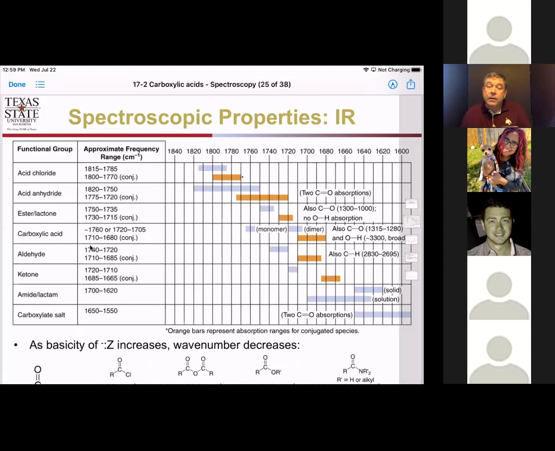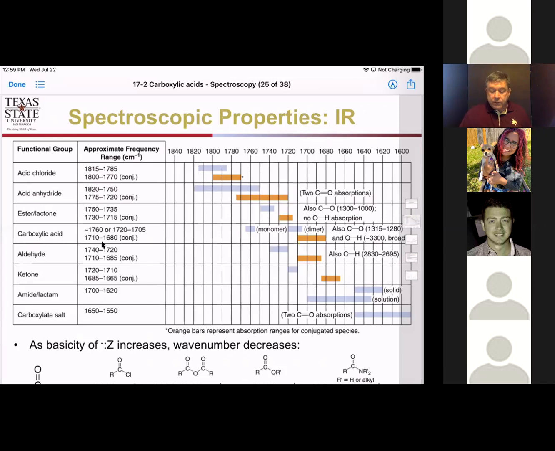Most carbonyls are centered in the 1650 to 1700 range, okay? So if we look at just aldehydes and ketones, we're going to see them way down there. Having just that electronegative atom there shifts it to its highest point.